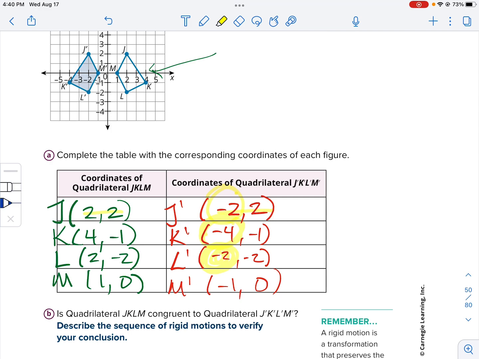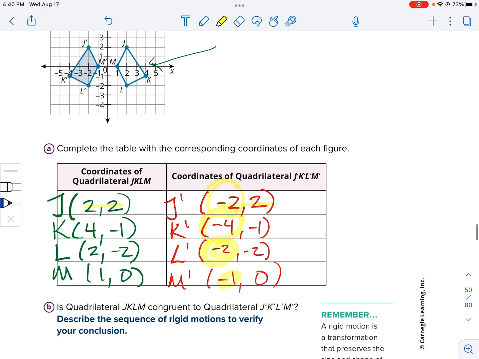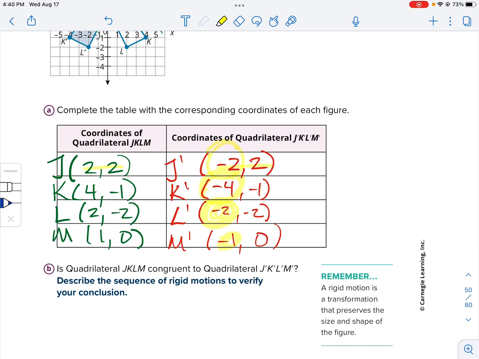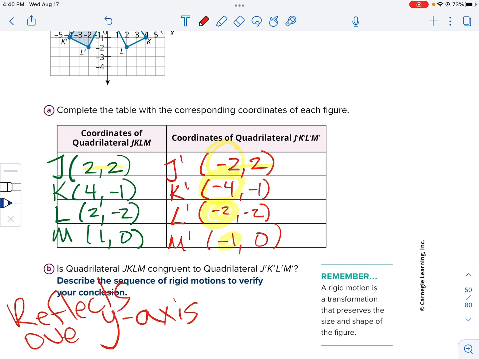And certainly not least, the X value changed. So that means if the X value changed but the Y value stayed the same, it reflects over the Y-axis.